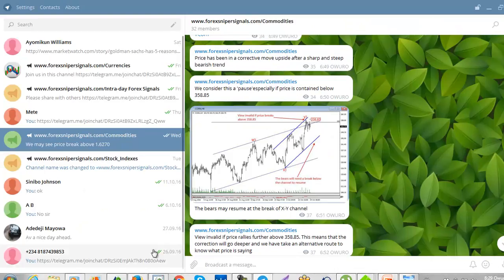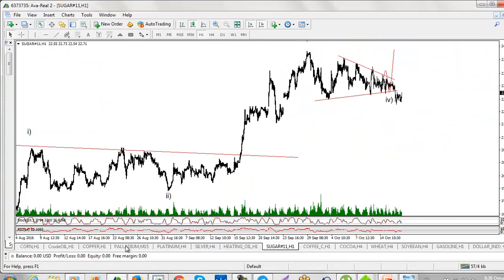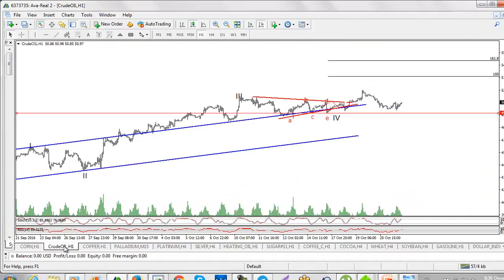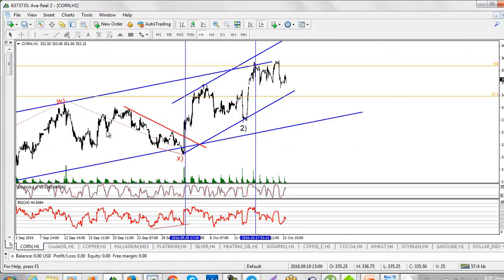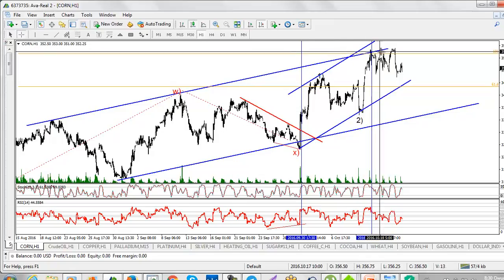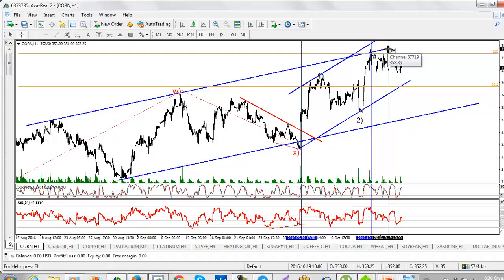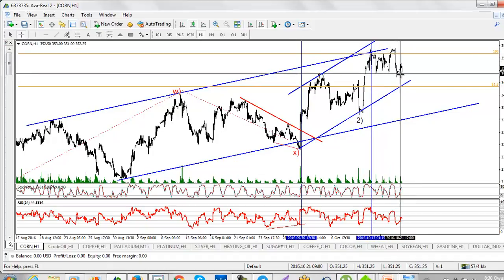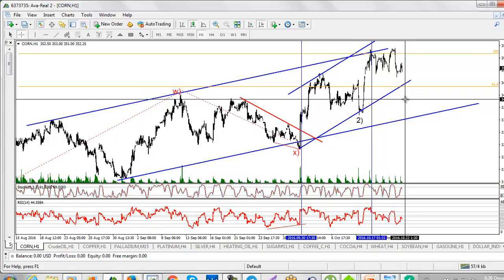What happened now is that price is still maintaining its position around that level. Corn, sorry, and look at it here. Price is still maintaining itself around 358.85 actually, and it's just about to break.